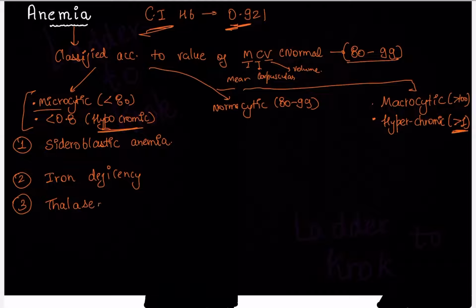And in normocytic anemia we have basically 3 important types. The first one is paroxysmal nocturnal hemoglobinuria, PNH anemia.